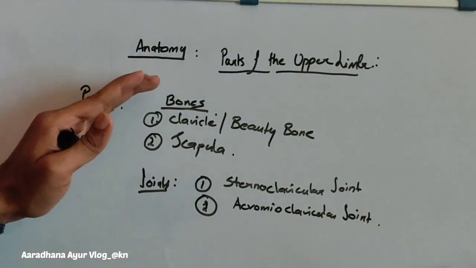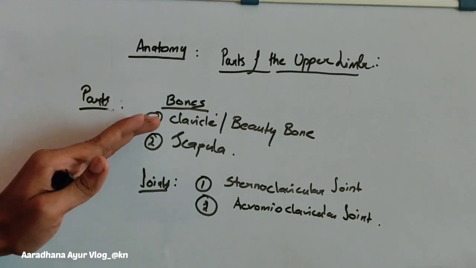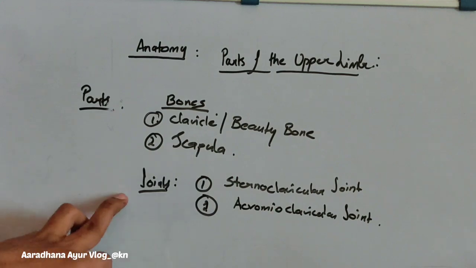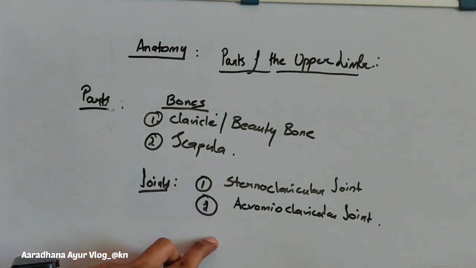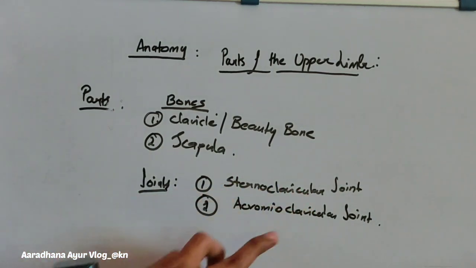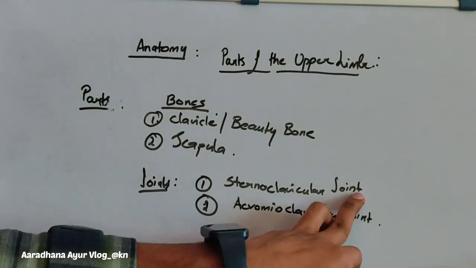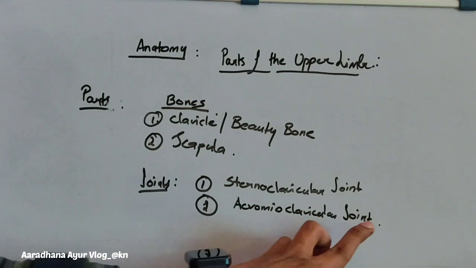So the bones are the beauty bone, or clavicle, and on the back side the scapula. Similarly in the joint section, two joints are there: the sternum and the clavicle, and the acromion process and the clavicle, that is the sternoclavicular joint and the acromioclavicular joint.